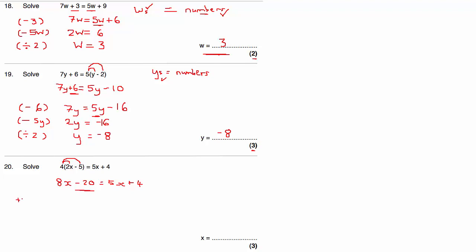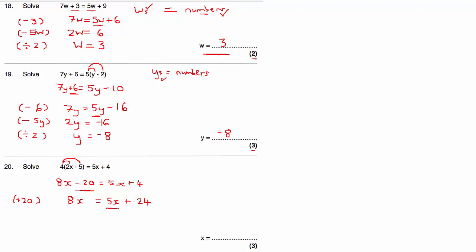So to get rid of that, we need to add 20. And that leaves us with just 8x on the left-hand side. If we then do the same on the right-hand side as we've done before, 4 plus 20 gives us plus 24 there.